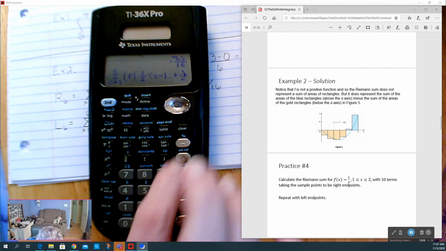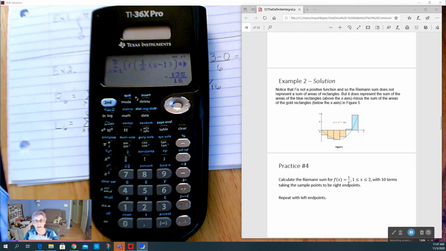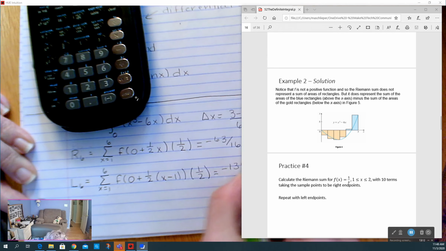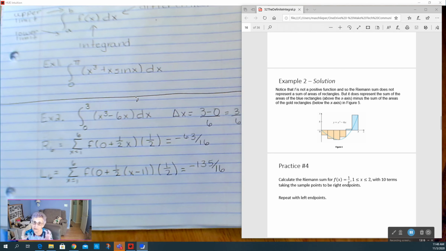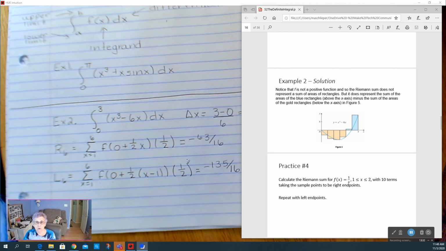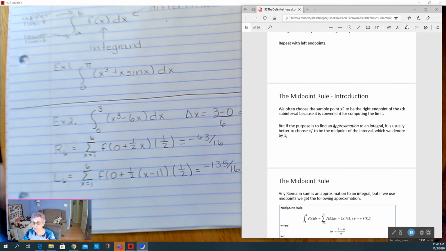I need to close my f of parentheses, hit enter, and I get the left endpoint estimate of negative 135/16. So I expect the actual value lives somewhere between those. Can't be guaranteed that because it decreases and then increases, but I expect it lives somewhere between there. Next time we do an example, we'll write down some guidelines for how we do the Riemann sums on the calculator.